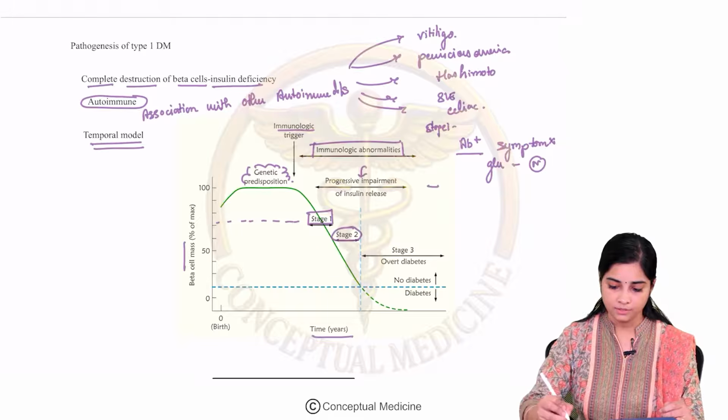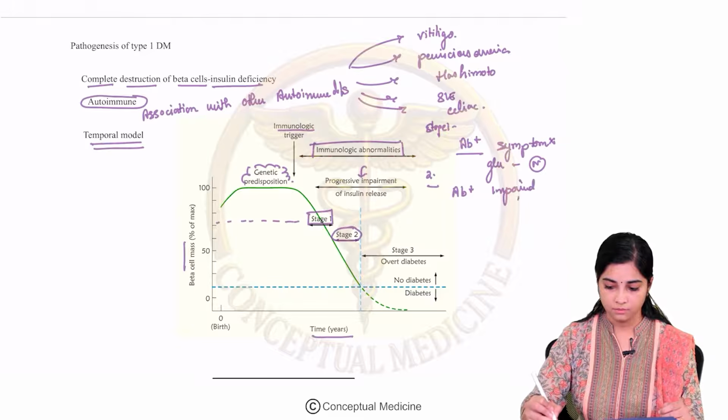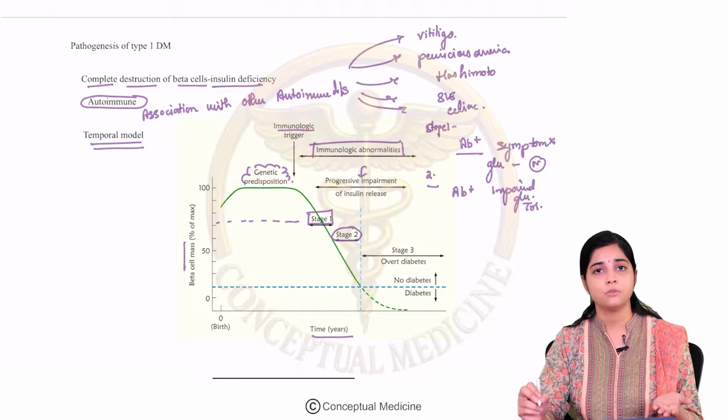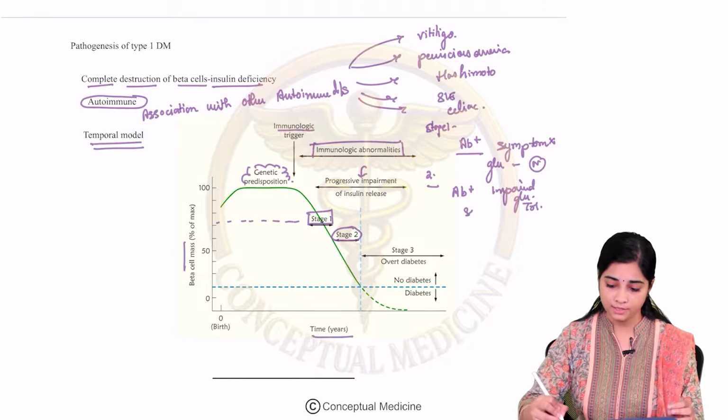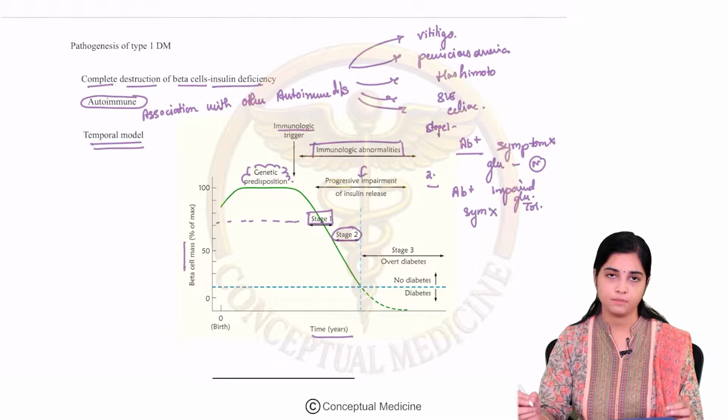In stage 2, the antibodies will be positive. There is impaired glucose tolerance; only if you do a blood test will you know that, and they are not symptomatic.